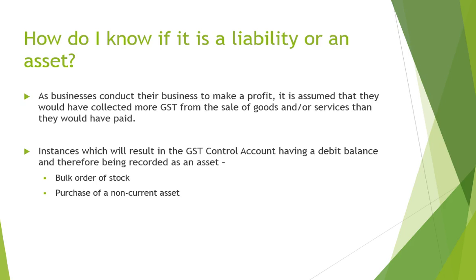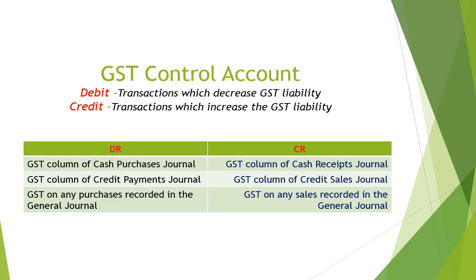The rest of the year, though, obviously they're selling their stock and they're not having to replenish it, and they would be earning more. Or in the instance of where they purchase a non-current asset, which would attract GST, a car, for instance, and so that might be a month where they have paid more GST than what they have collected. So they are due a tax refund.